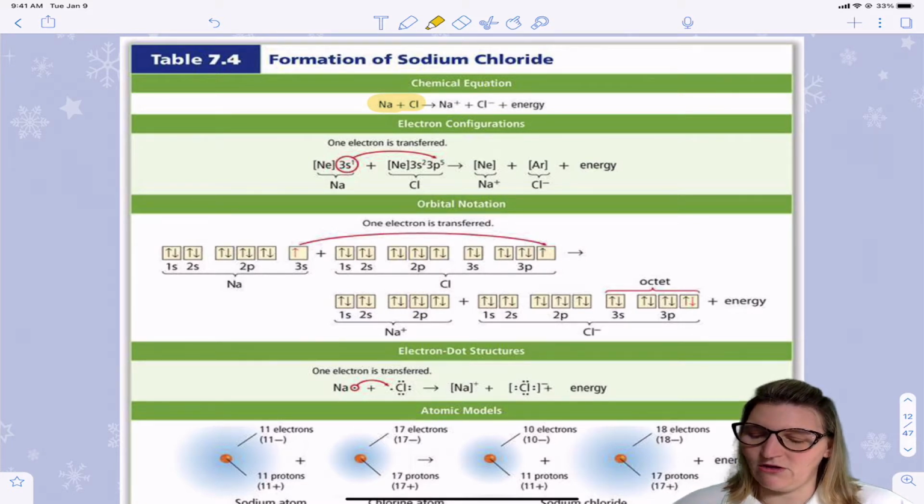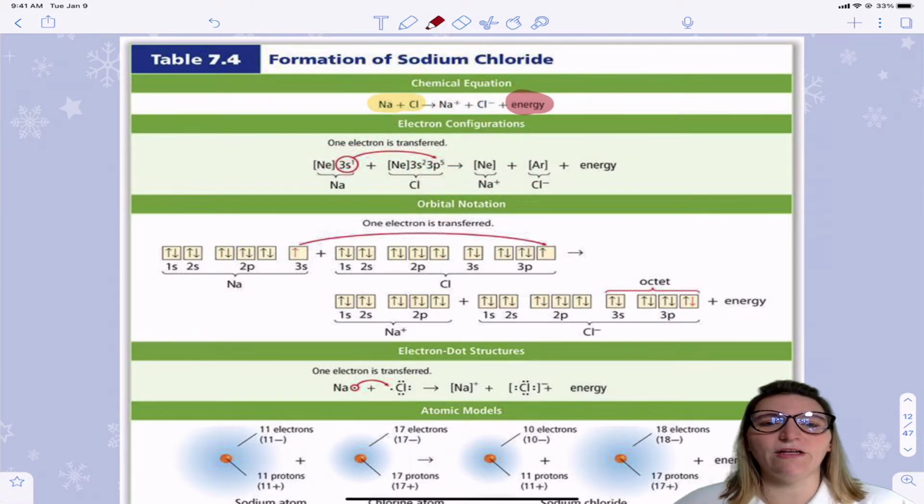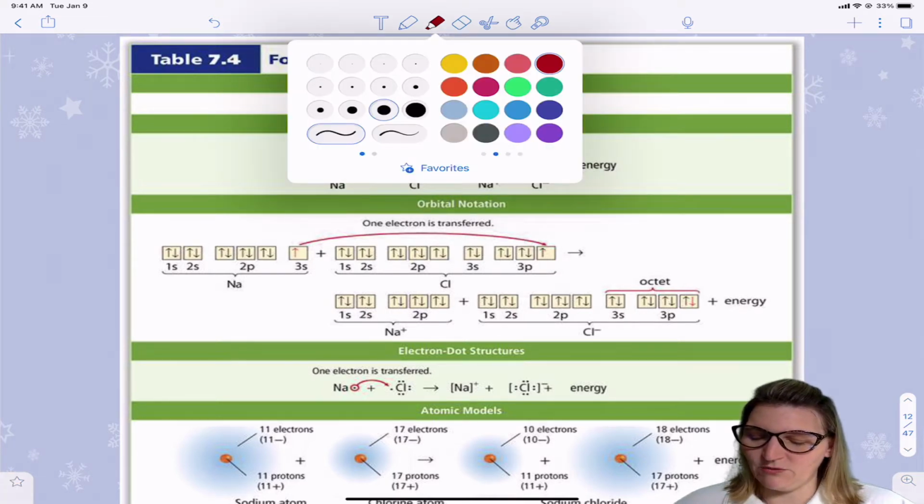And you will also see that all of these will release energy. Forming ionic compounds is exothermic, meaning energy is released, because you're taking atoms that are unstable, that don't have a full octet, and they're becoming ions that are very stable because they do have a full octet.